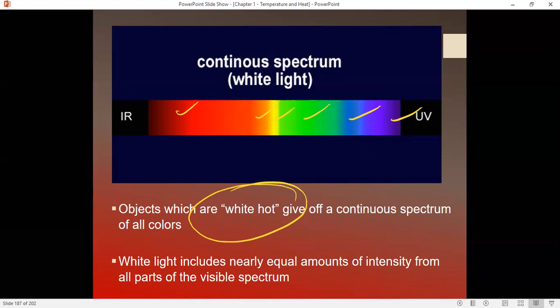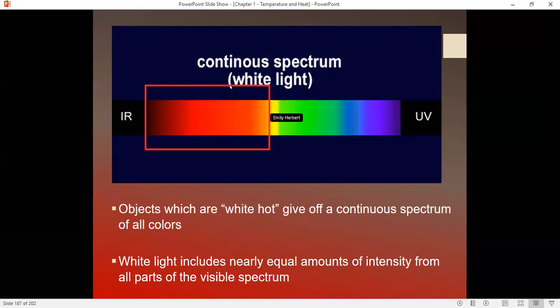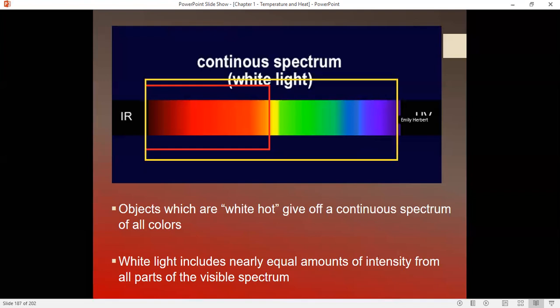And if something is red hot, it's not quite as hot. Red hot, it's giving off radiation mainly in this part of the spectrum. But if something is white hot, those wavelengths have shifted even further where they're peaking in the yellow part of the spectrum, but yet covering all parts of the spectrum.